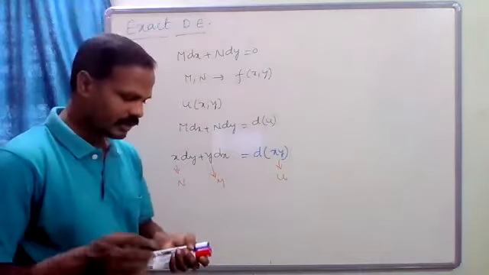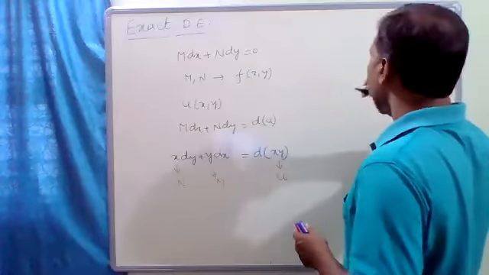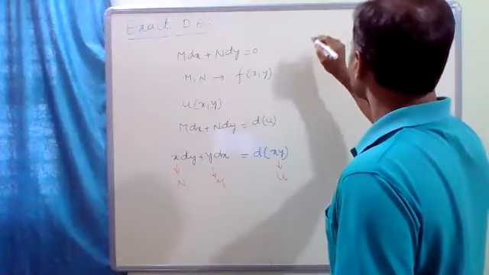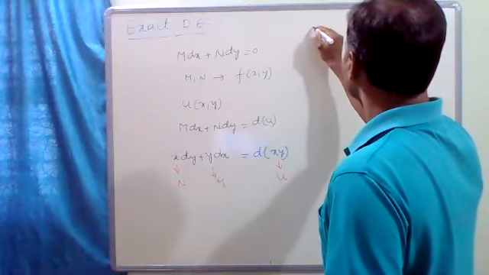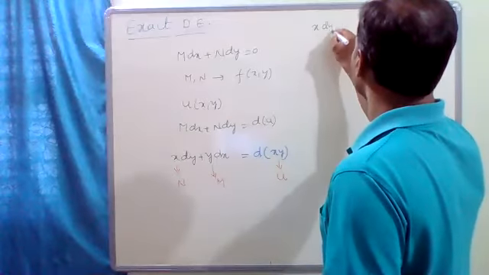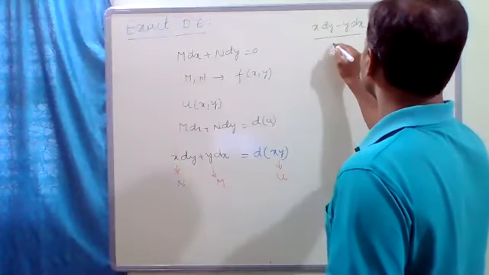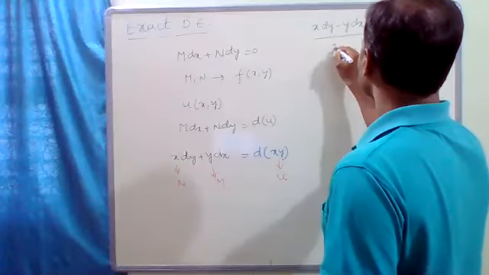Okay, so I will give one more example. Suppose x dy minus y dx by x square.